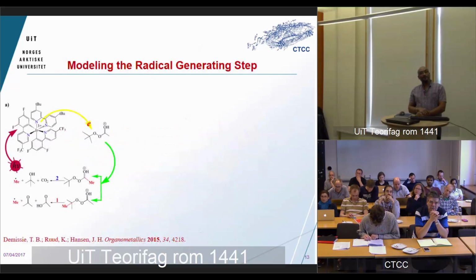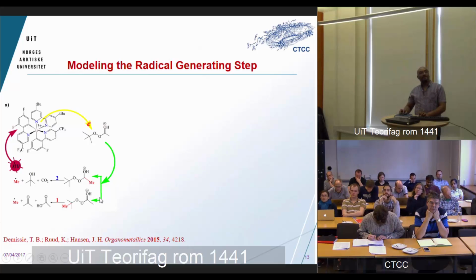So the first one is the radical generating step. Before going to anything, we have to identify what kind of radicals we will get. And in this example, what we used is this kind of compound as a radical source, methyl radical in both cases, and an iridium complex.